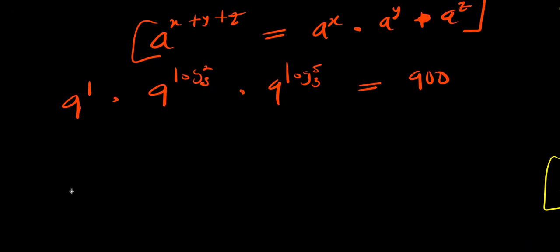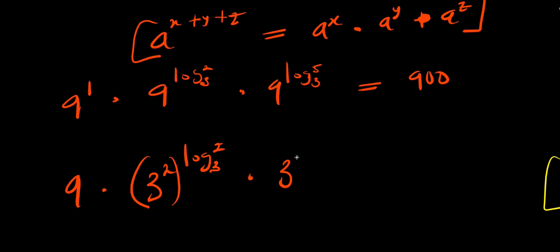So from here, we have 9 times, this is 3 power 2 of log 2 to the base of 3. 9 is 3 power 2, don't forget that, times 3 power 2 of log 5 to the base of 3 equals 900.